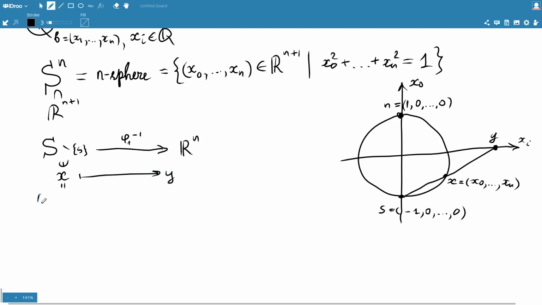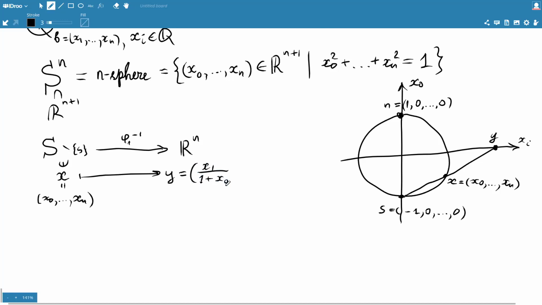If x is the point (x0, ..., xn), then it projects, as you easily see, just to the point, say, (x1/(1+x0), ..., xn/(1+x0)).